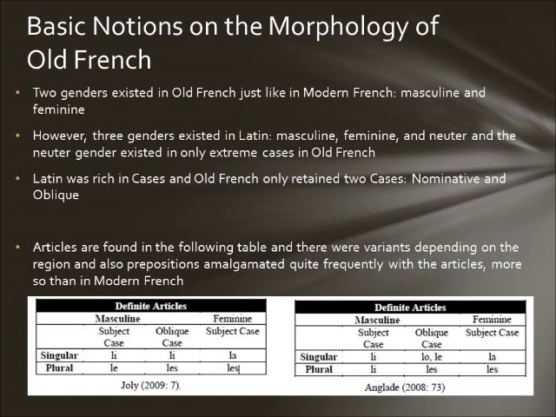So I'm going to illustrate a little bit of the difference with the different cases with these articles. Articles are found in the following table, and there were many variants depending on the region, and also prepositions amalgamated quite frequently with articles. Even in modern French, articles can amalgamate with prepositions, but it definitely did so way more in Old French.